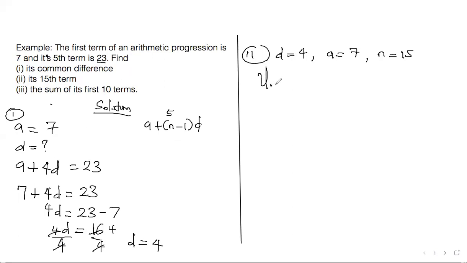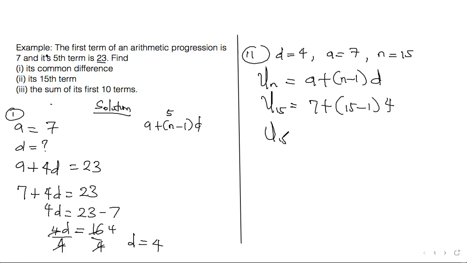You remember the formula for the nth term of an AP is A plus n minus 1 times D. So U15 equals 7 plus 15 minus 1 times 4, which is D. So U15 will be 7 plus 14 times 4. 14 times 4 is 56.